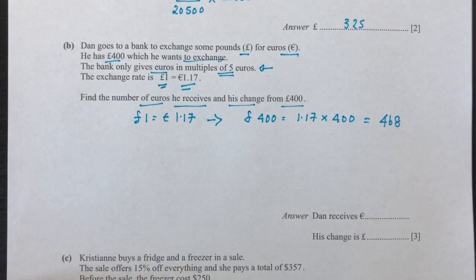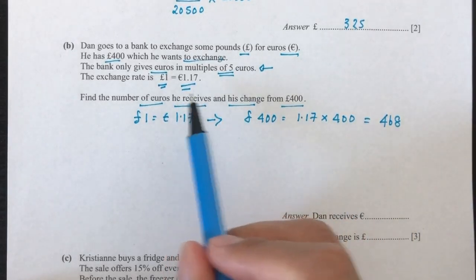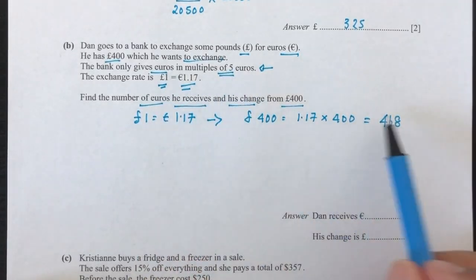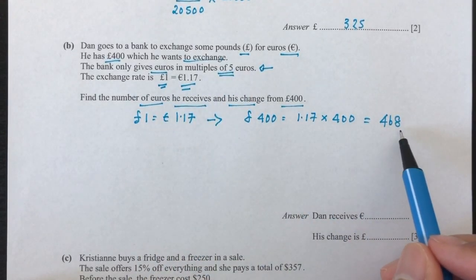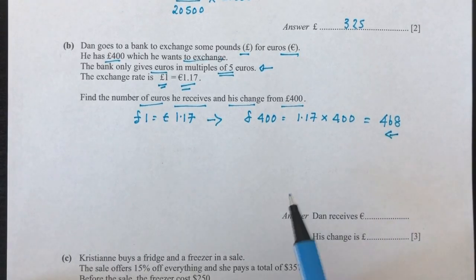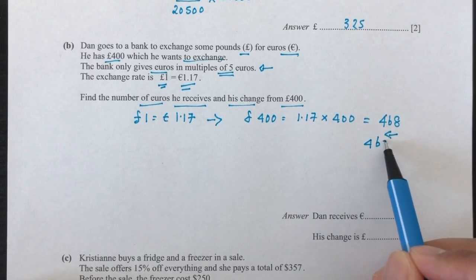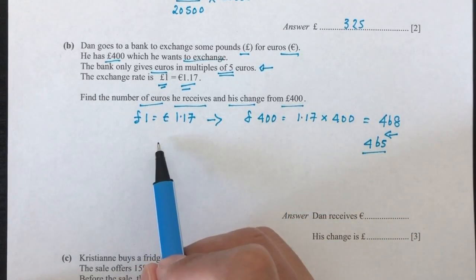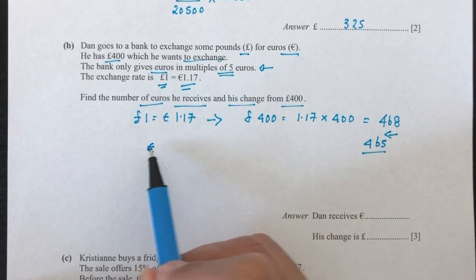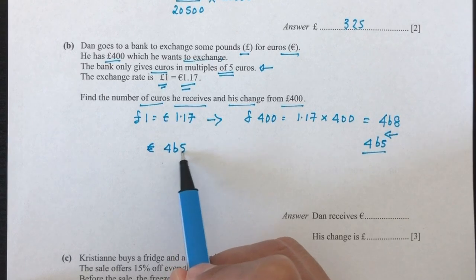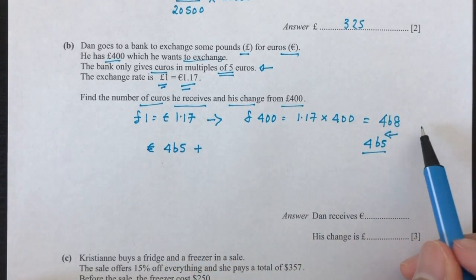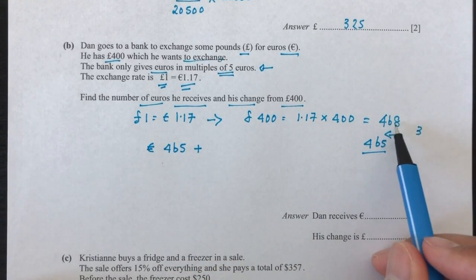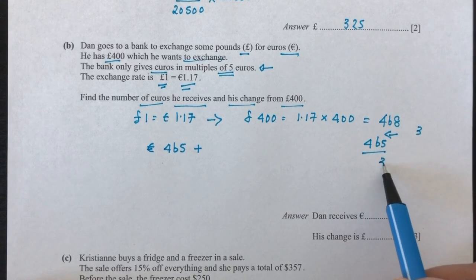But now you have to know the multiple of 5 here. The number before this which is a multiple of 5 will be 465, as you can see. So he will receive 465 euros and the rest, so 3 euros will be remaining. 468 minus 465, so 3 remains.